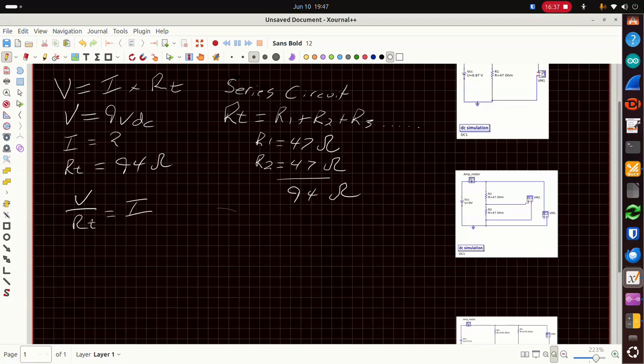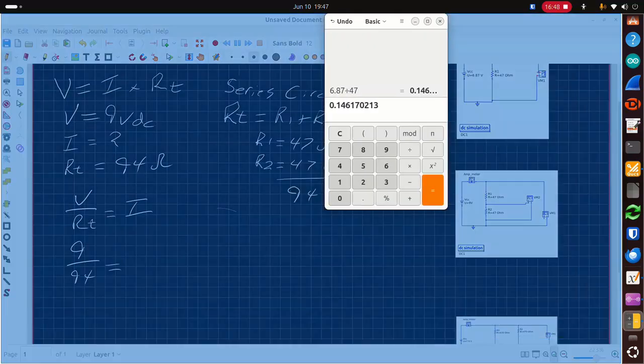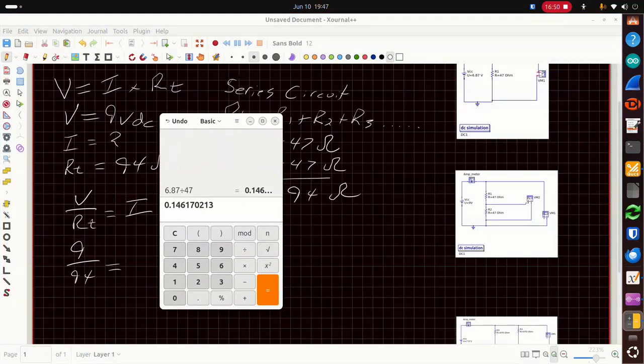I is unknown, and RT in this case equals 94 ohms. So we can write our formula as V divided by R, in this case RT, equals I. In this case it's 9 divided by 94 equals I.